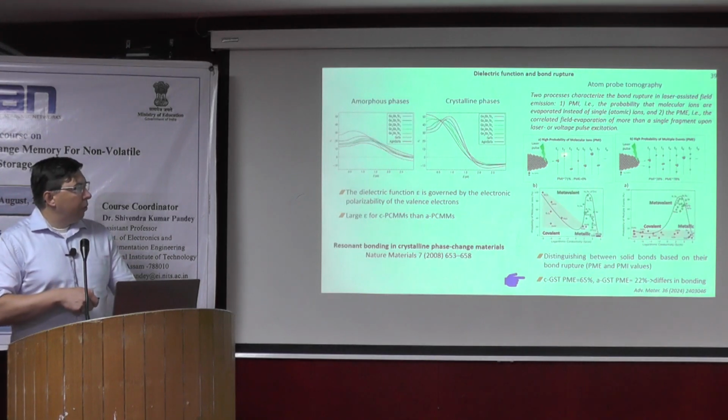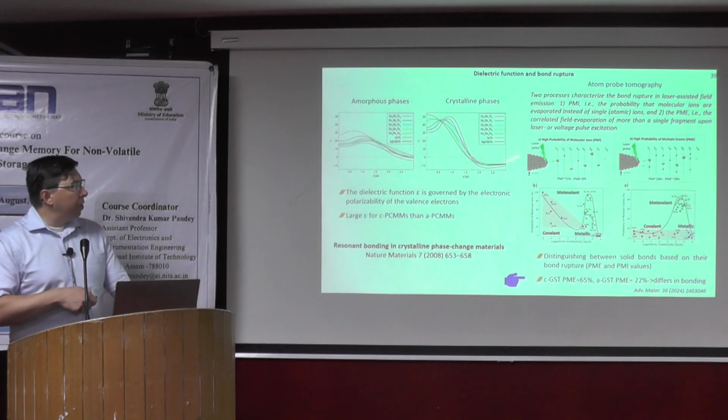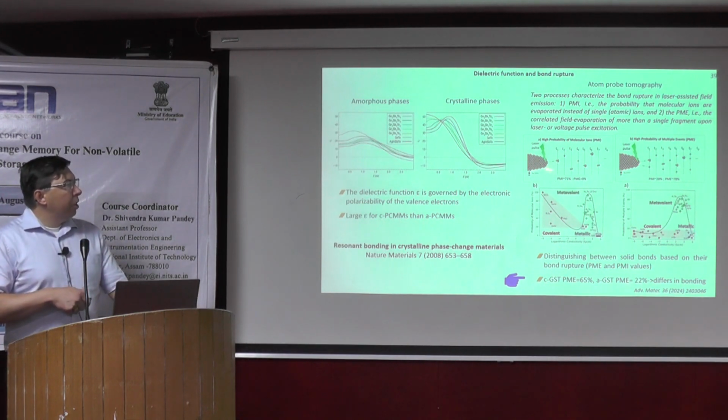You have a very sharp tip made by FIB from your phase change material, and then you apply a laser pulse and some current to heat it a little bit, and you can extract atoms from this sharp tip, which go to a special detector.